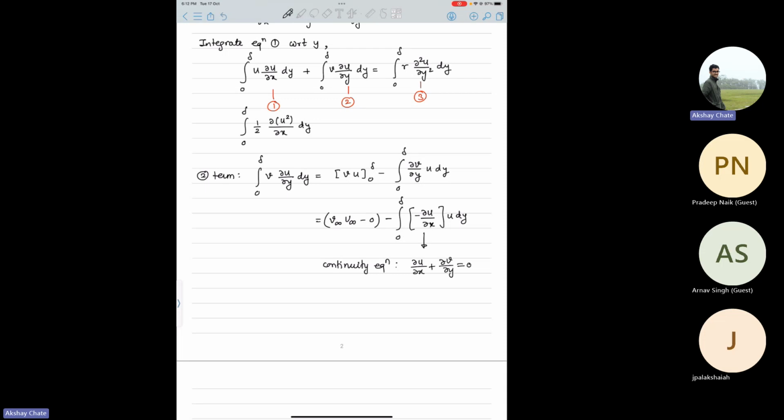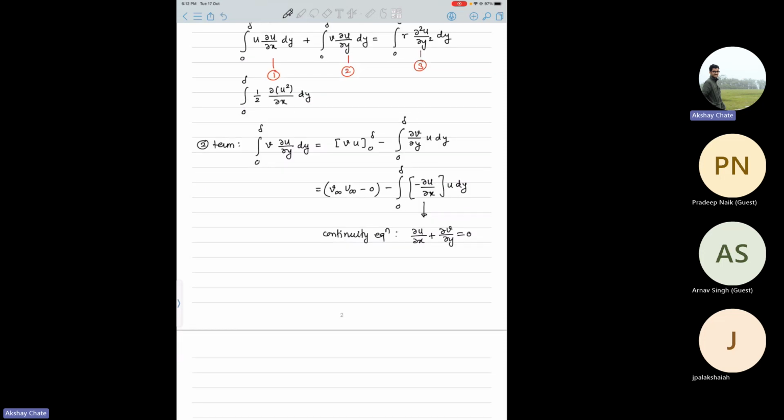So you replace the del v by del y term, and therefore you get v infinity, u infinity, plus the integral from 0 to delta of u del u by del x into dy.